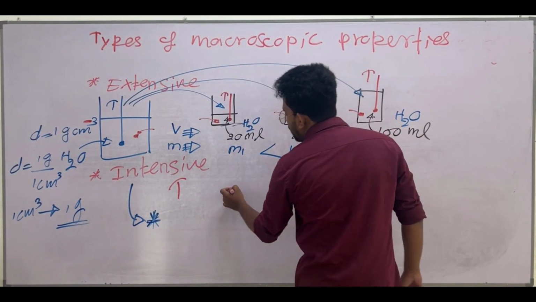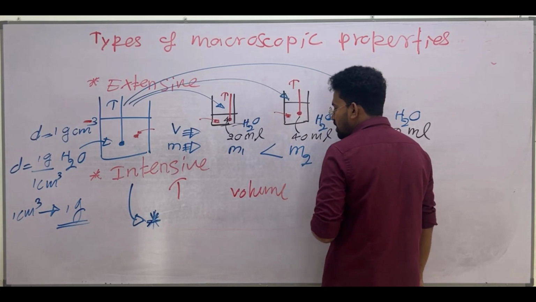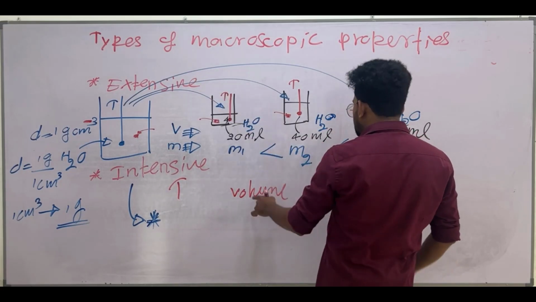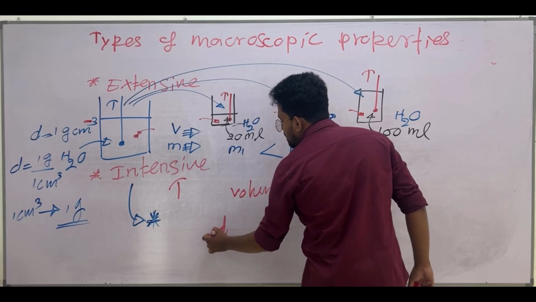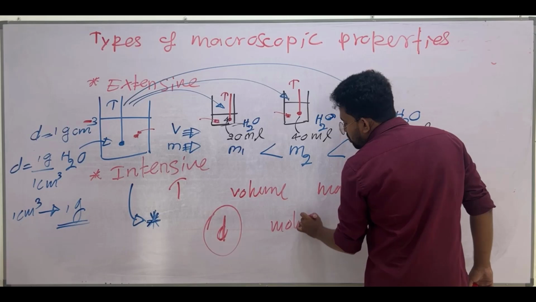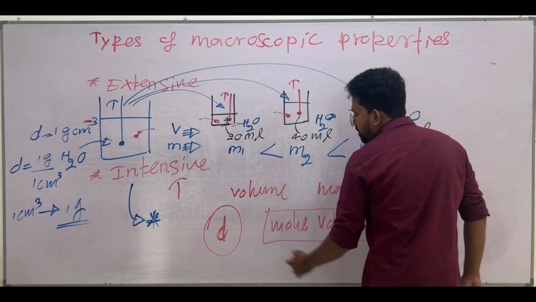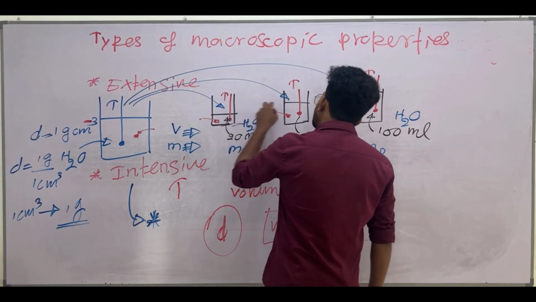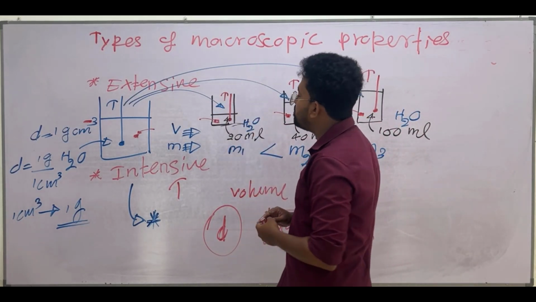So volume and mass are both extensive properties. But density becomes an intensive property. If we take the molar volume, that is an intensive property, because even when the volume is different, we consider the volume of 1 mole.